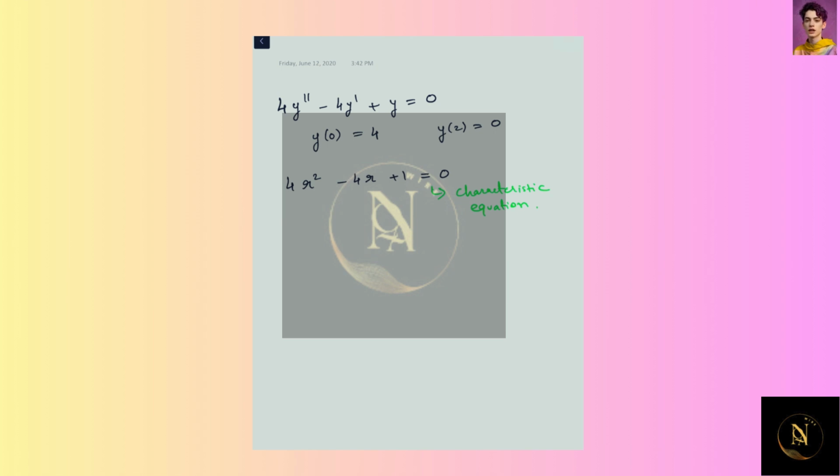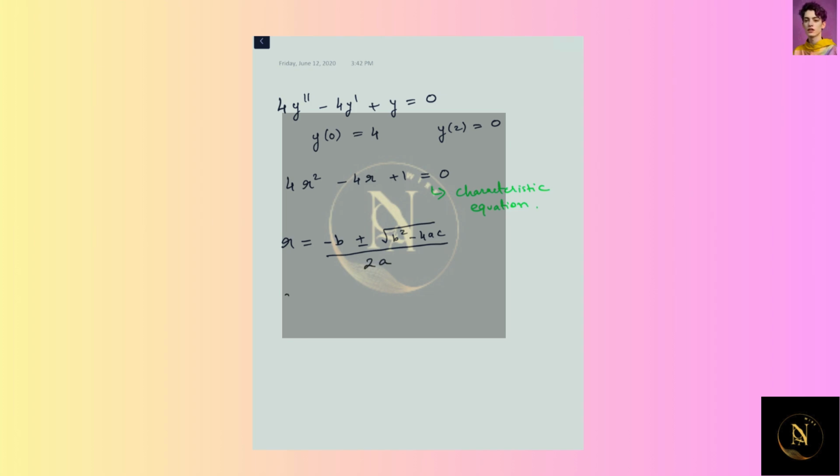We can solve this characteristic equation by using the quadratic formula. Since this is a quadratic equation, the quadratic formula is r equals minus b plus or minus the square root of b² - 4ac, upon 2a.